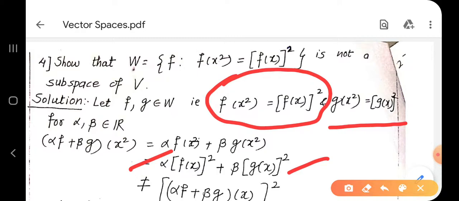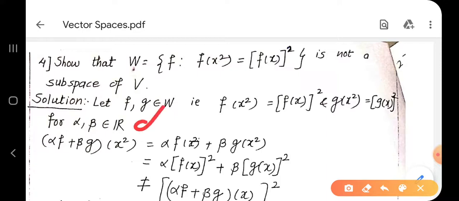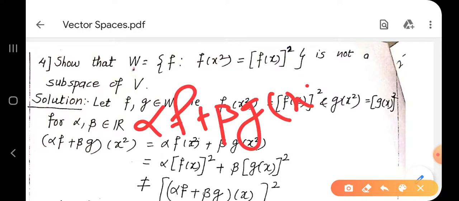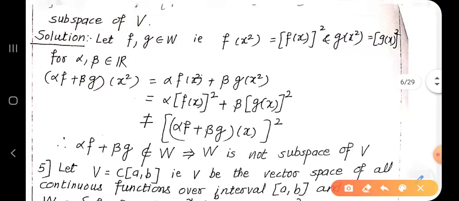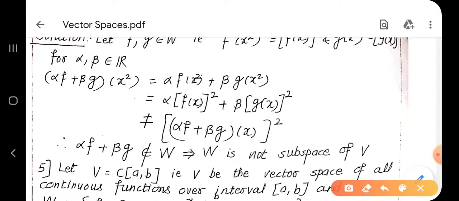But I want (αf + βg)(x) in total bracket square, and that is not possible here. So it is not equal to ((αf + βg)(x))². Therefore αf + βg does not belong to W. Therefore W is not a subspace.